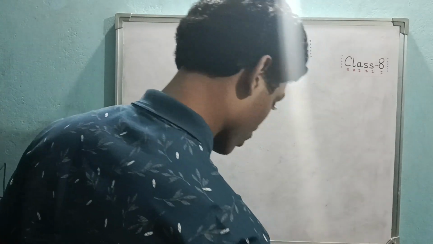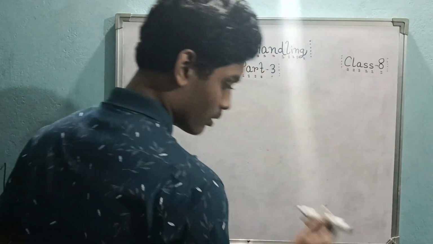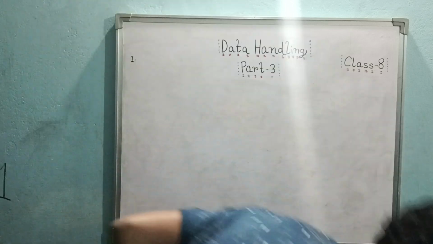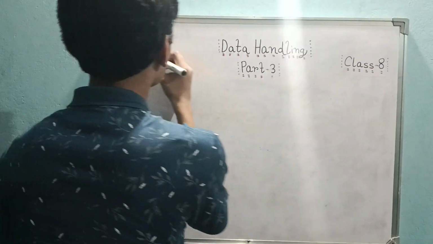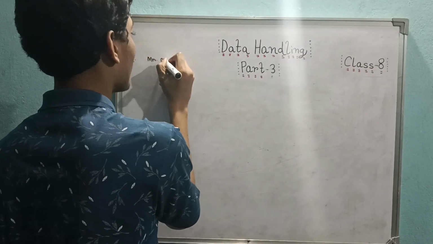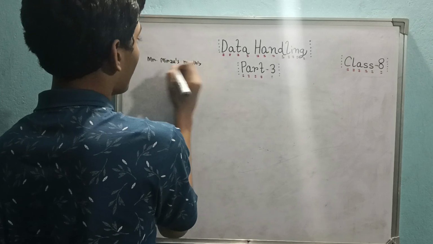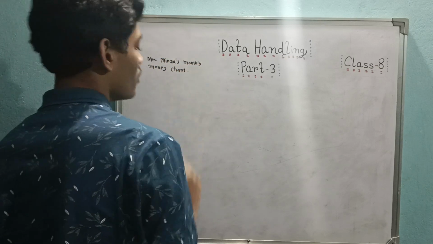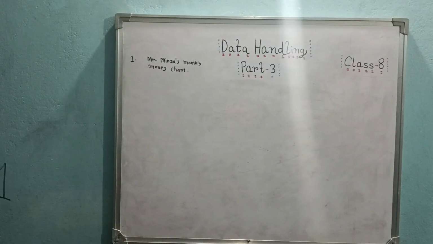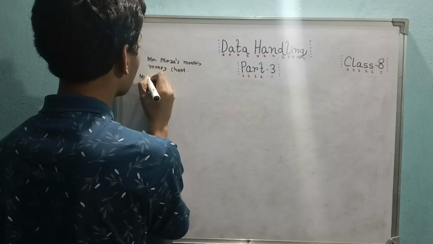So here I go, and the first question is on your screen now. This is Mr. Mirza's monthly money chart. What is this money chart? Mr. Mirza is a person who has a total monthly income of rupees 7,200.